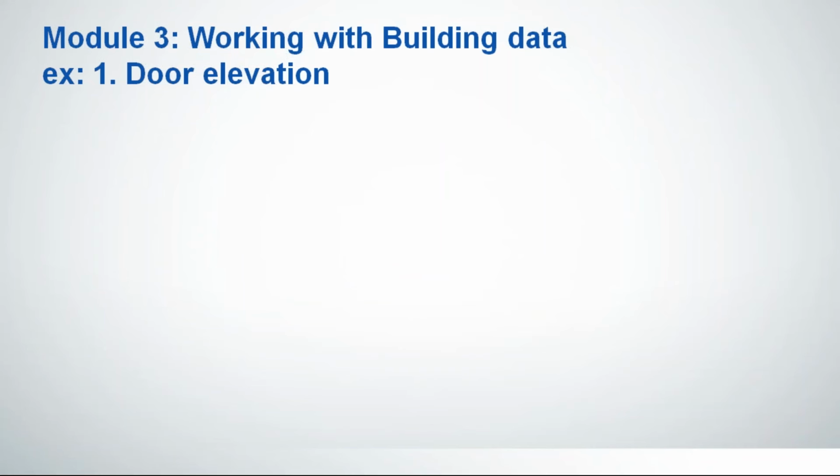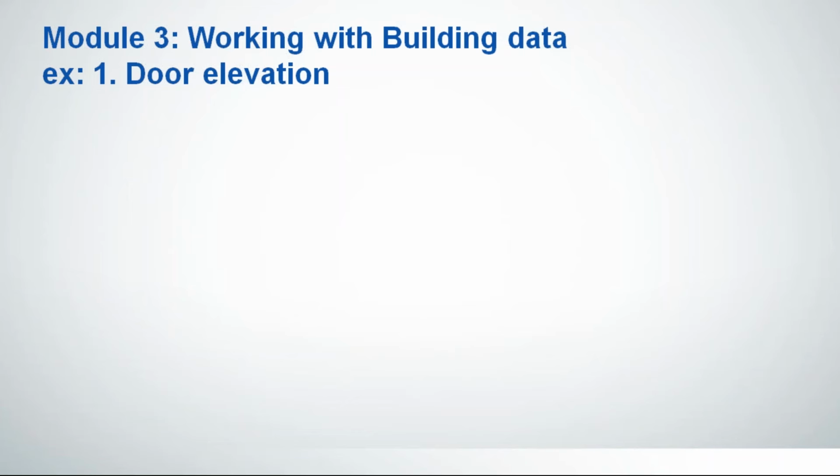And in module 3, we're going to discuss working with building data, which is very important. In BIM, we used to have geometry and what we call building parameters. For example, a door elevation. The first example is door elevation.